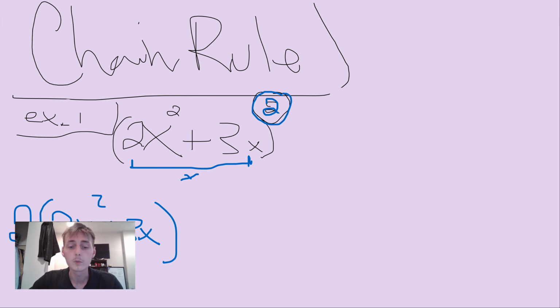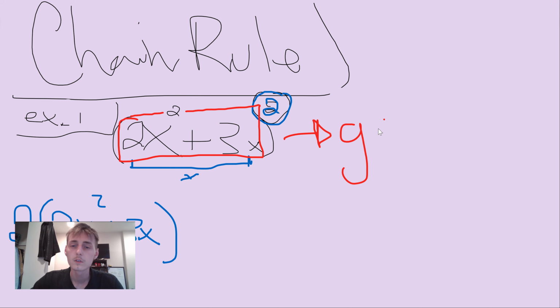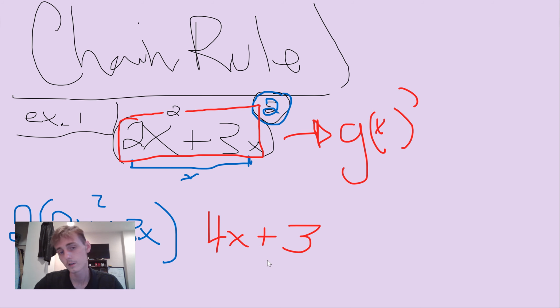So when we multiply by the derivative of the inside, this is our g of x, take the derivative of 2x squared, which is 4x, plus 3, which is going to be our derivative of 3x.